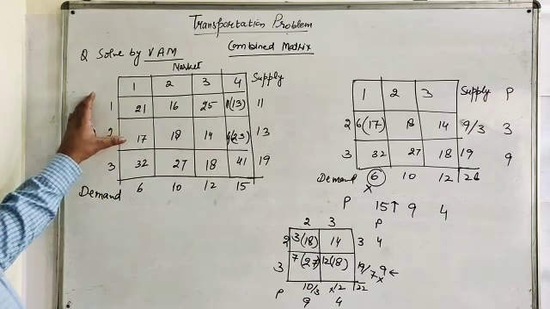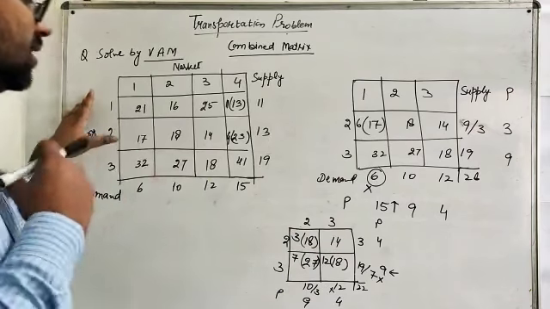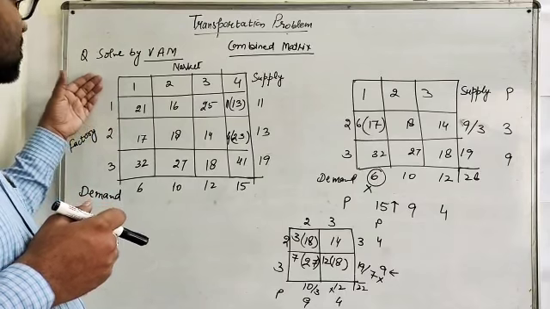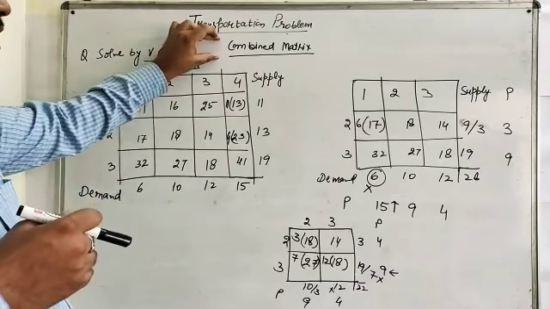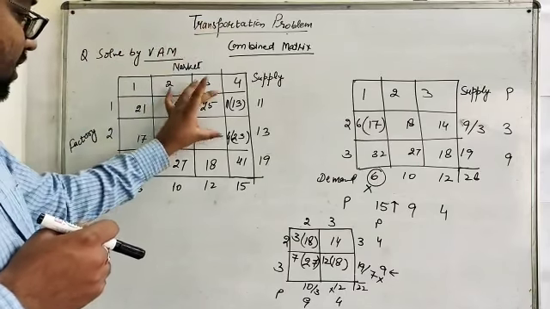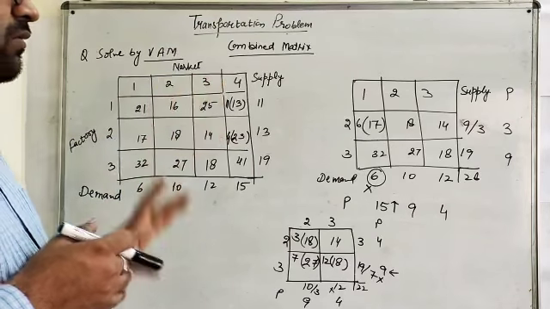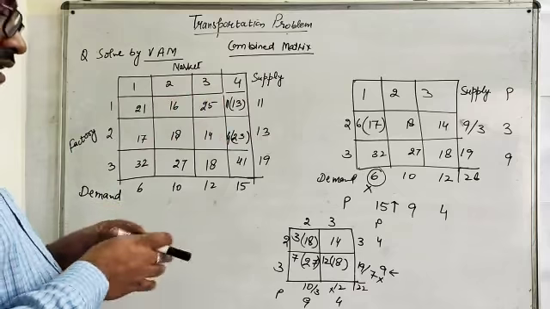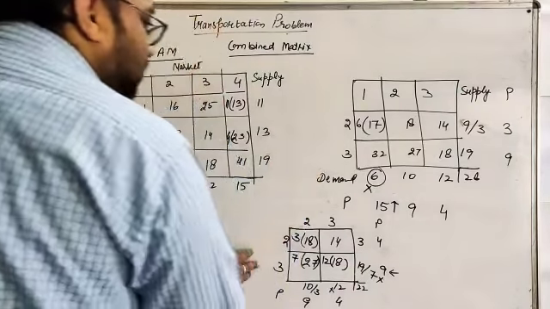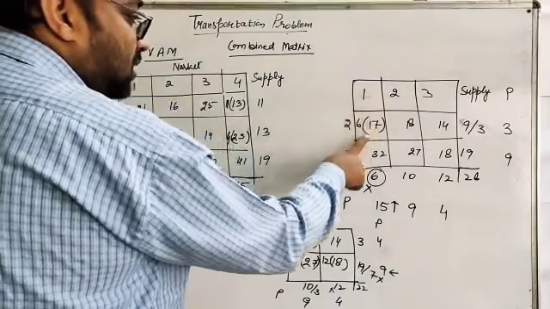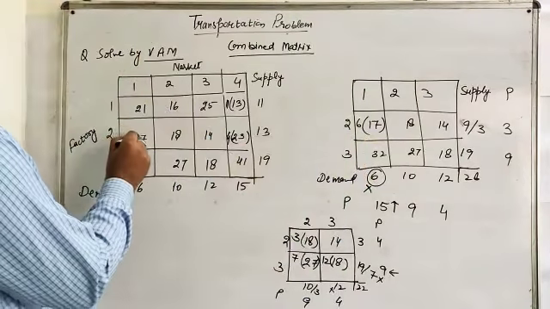Now we have to fulfill all the entries in the original problem. So this is the original problem. We have to make a combined matrix and these entries are already written in this particular matrix. Now we have to put all the entries from this and this particular matrix. So in this matrix, second row, first column, the entry is 6, that is this.